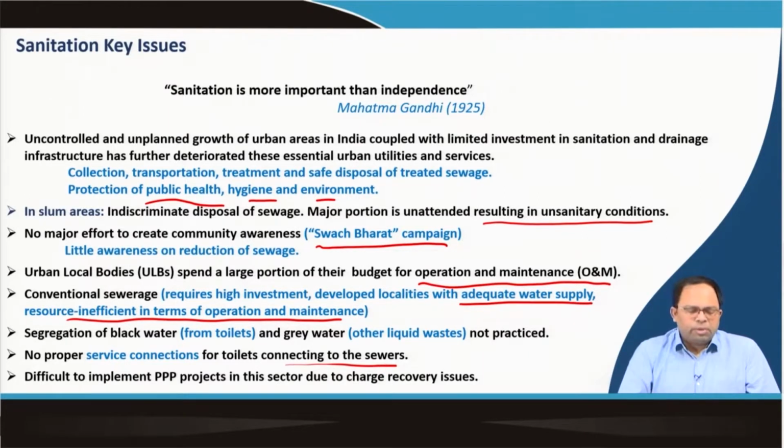Proper service connections are not designed in India, and it is difficult to implement PPP projects in the sector due to charge recovery issues. PPP projects have changed the water supply sector to some extent, but in the sewage sector we see very few PPP projects.